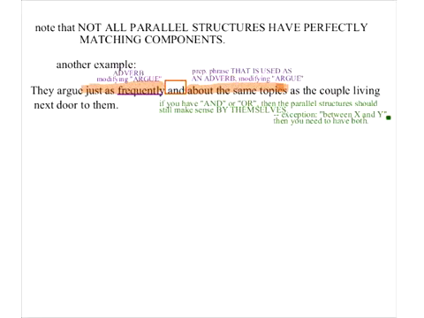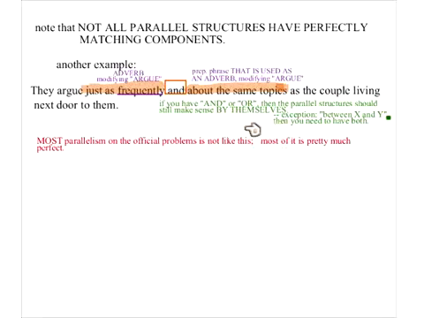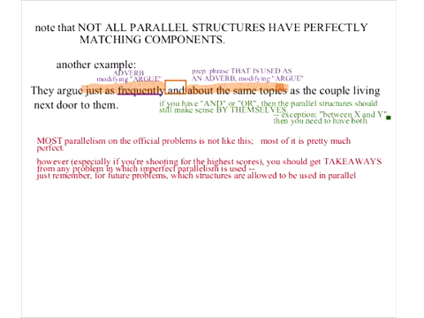Okay, so here's the deal. In case this is scaring you, most parallelism on the official problems is not imperfect like this. This is definitely imperfect parallelism, but most parallelism that you will see is not imperfect. Most of it is perfect. On the other hand, if you are looking for some of the highest scores, you're going to have to familiarize yourself with this kind of stuff.